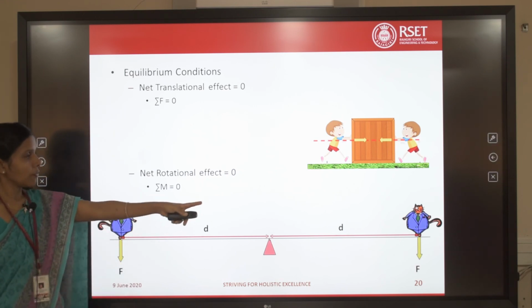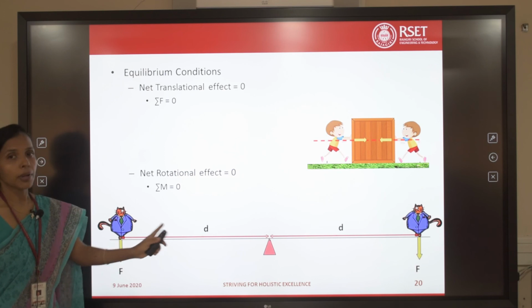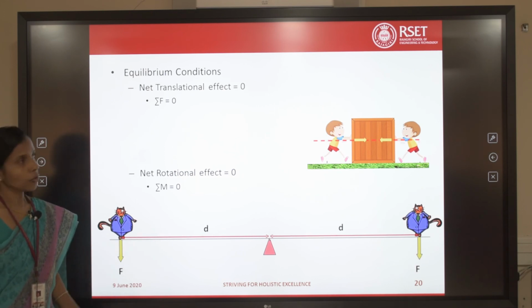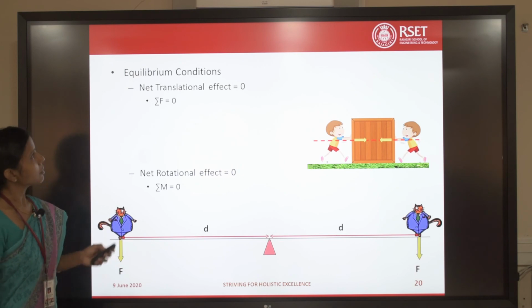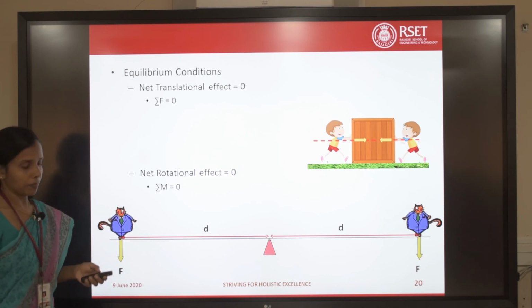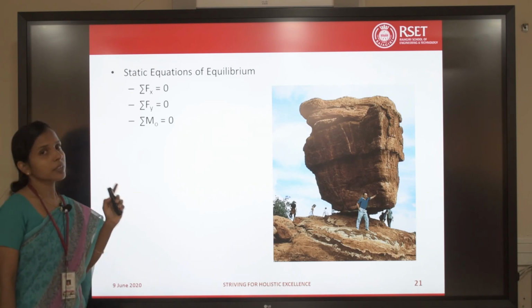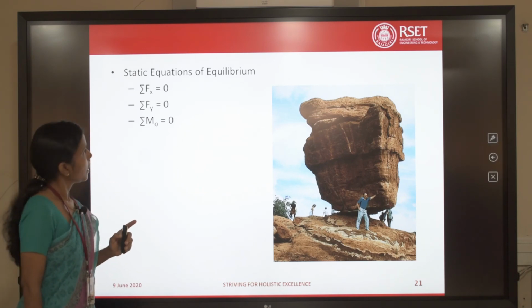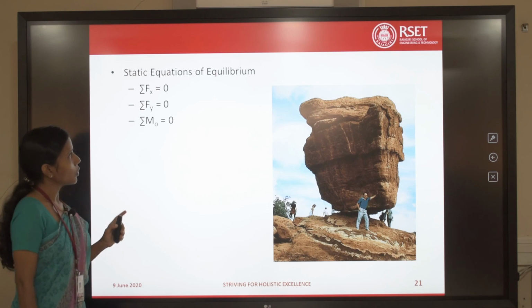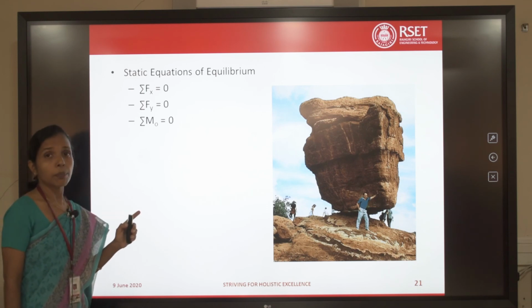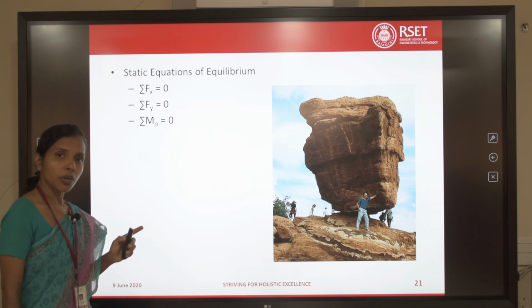So, if this is the case, then the net moment is 0, right. So, if these two conditions are satisfied, then we say that the body is in equilibrium. Okay. So, you have 3 equations of equilibrium: sigma Fx is equal to 0, sigma Fy is equal to 0, and the moment about any point O on the body is equal to 0.